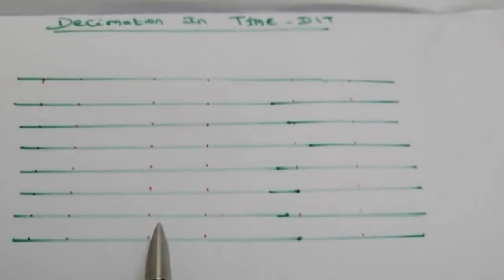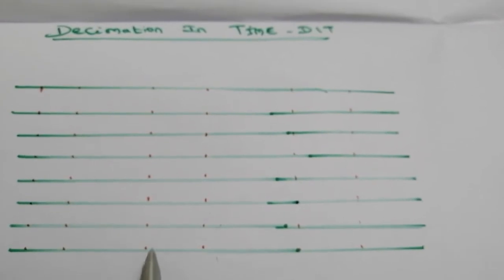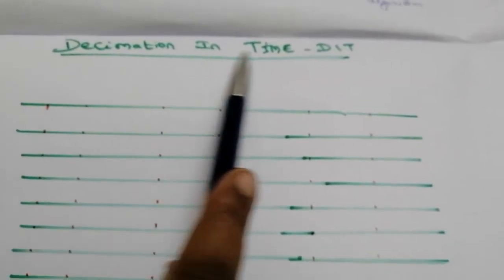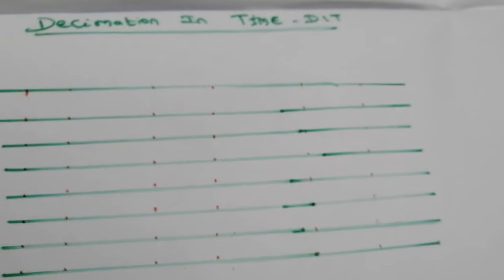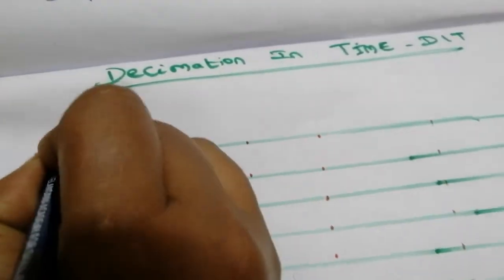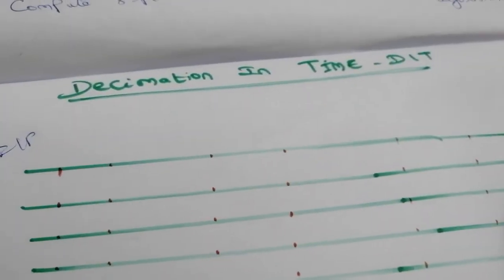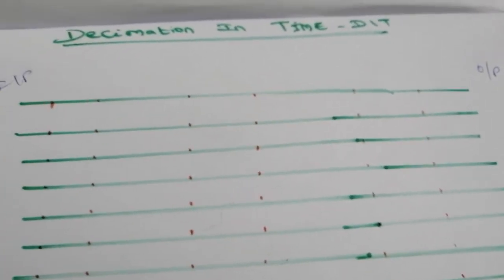Then we place the input and output. We are going to see the DIT method. Don't get confused, this is the DIT method, decimation in time. In the decimation in time method, this portion is the input and this part is the output. The left-hand side is the input side, the right-hand side is the output side.